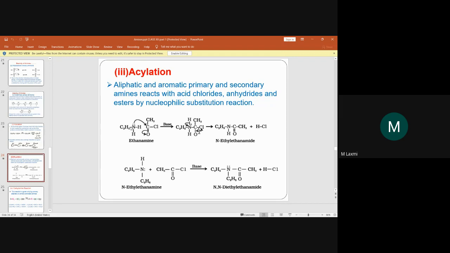Because when you see the examples here, the NH of your amine is involved in this nucleophilic substitution. In the case of a tertiary amine, this NH group will not be there to form the amide. So tertiary amines will not participate in acylation, while primary and secondary amines will react with acetyl chloride. Both aromatic and aliphatic will react, resulting in an amide, ethyl ethanamide or diethyl ethanamide.